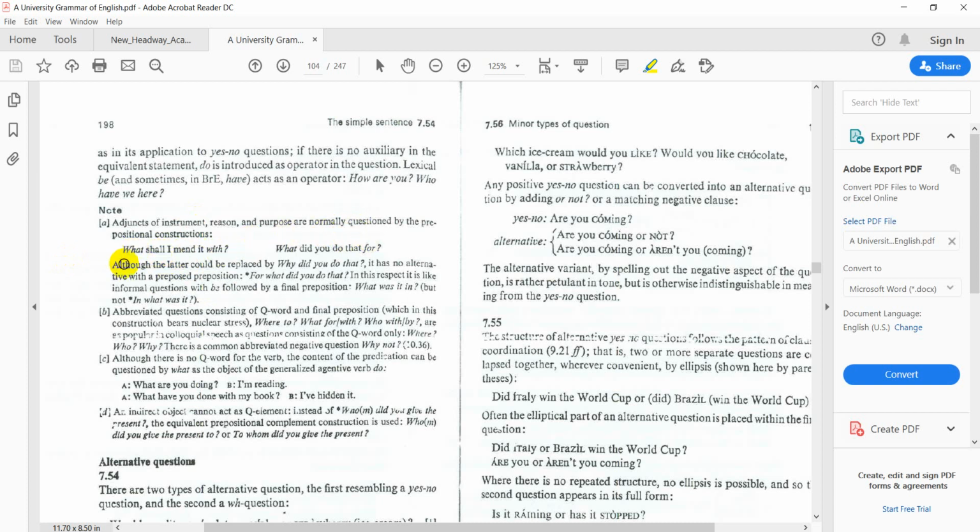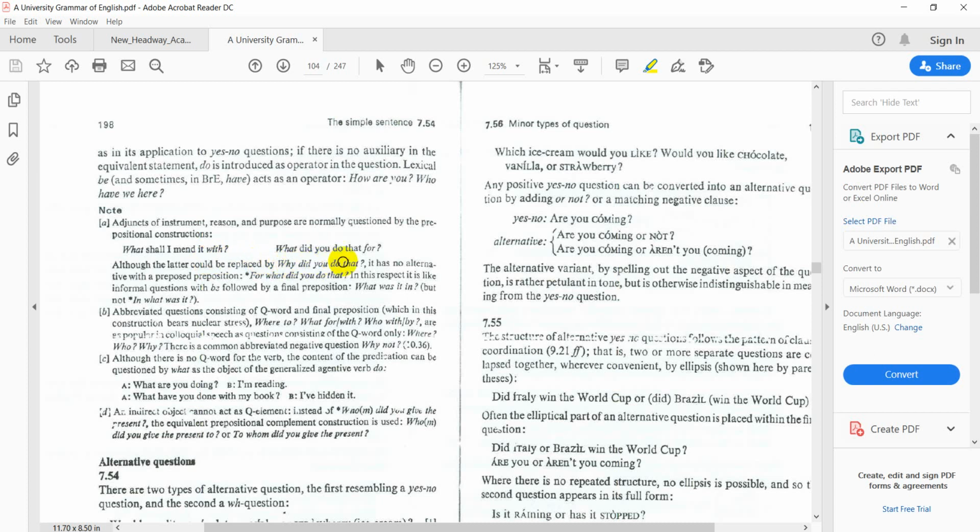Normally we use a question with prepositional constructions. Usually, if there is an adjunct of instrument, reason, or purpose, we use the question word with the preposition. Like in this example, what shall I mend it with? So mend needs some instrument. So I use the preposition here.